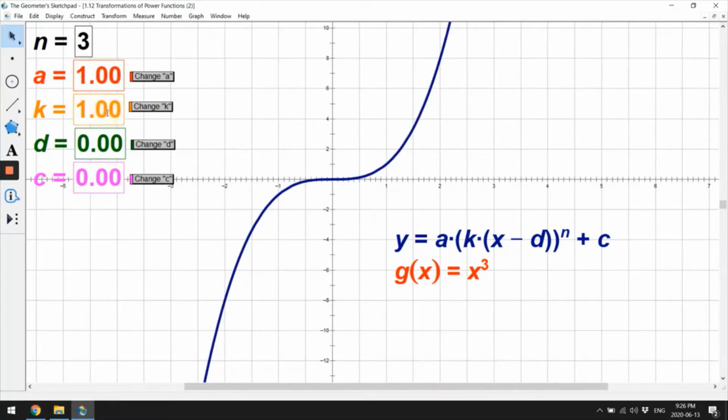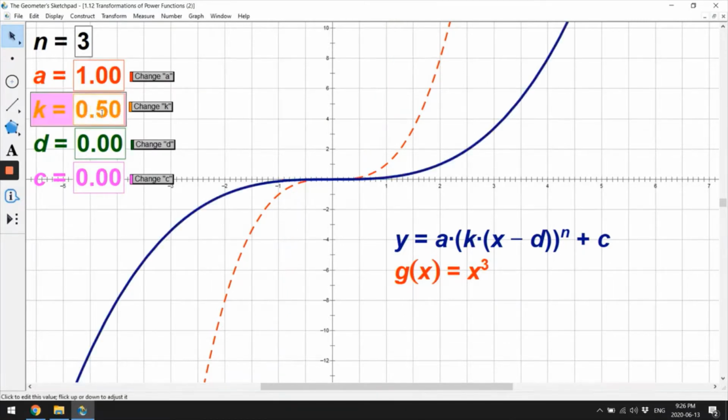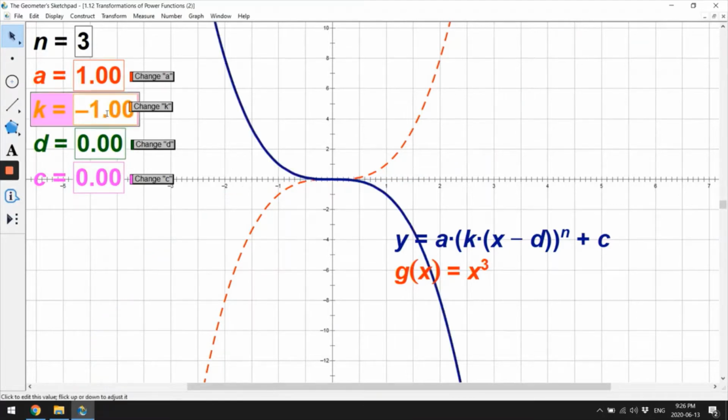K, let's say K is 2. If K is 2, you horizontally compress it by a factor of 2, and that's also different from the textbook because the textbook says horizontal compression by a factor of half. If K was equal to half, then we can all agree that it's a horizontal stretch by a factor of 2. And if it was negative, let's say negative 1, then it's a reflection with respect to the y-axis.